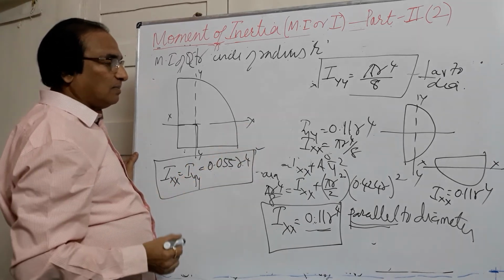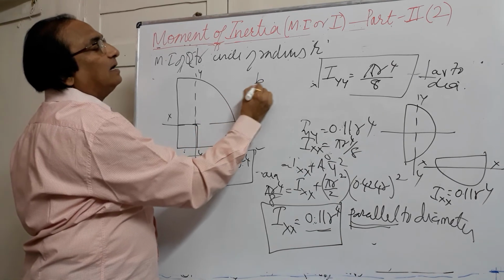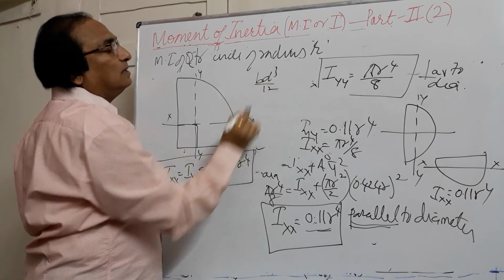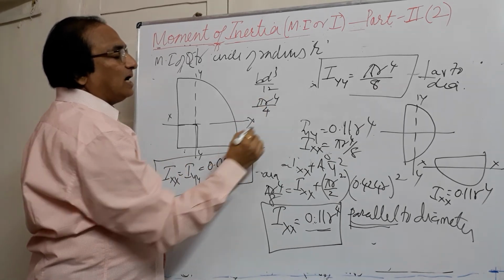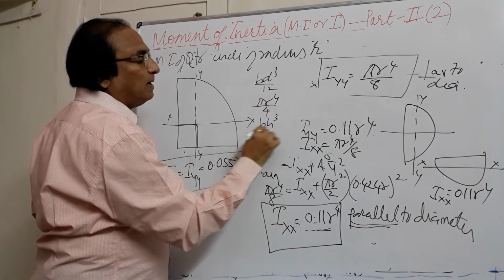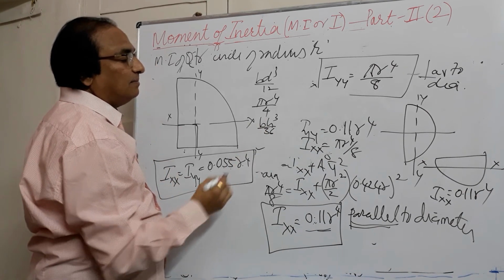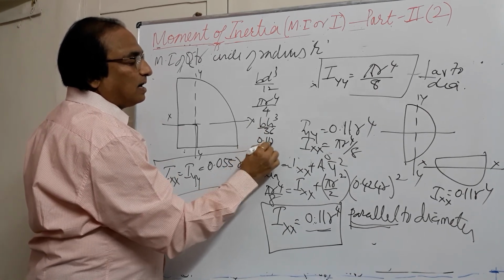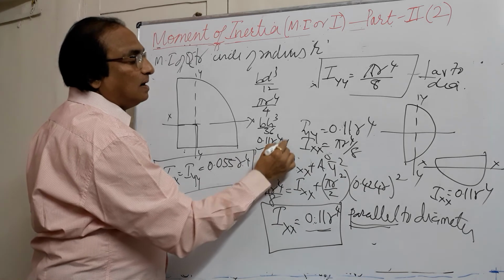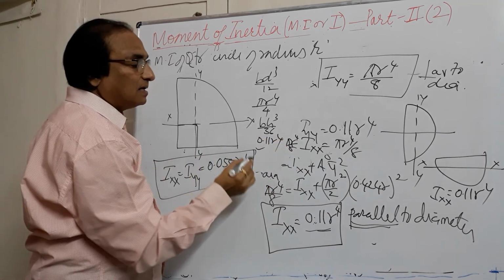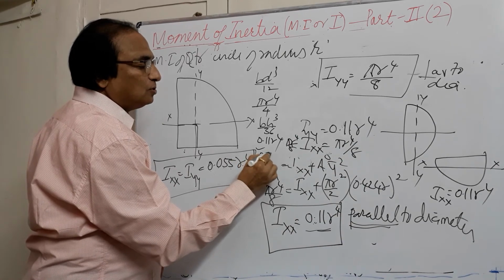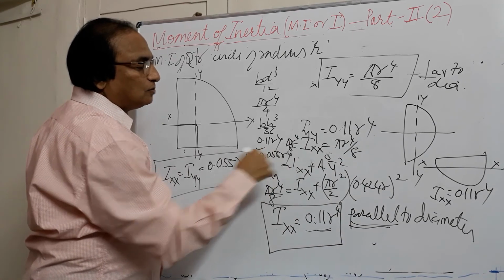So these are the formulas that you will have to remember. Rectangle: b d cube by 12. Circle: pi r raised to 4 divided by 4. Triangle: b h cube by 36. Semicircle: 0.11 r raised to 4 parallel to the diameter, pi r raised to 4 divided by 8 perpendicular to the diameter. And quarter circle: 0.055 r raised to 4.